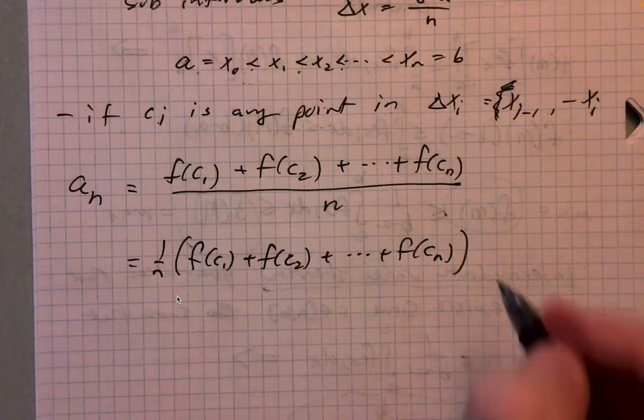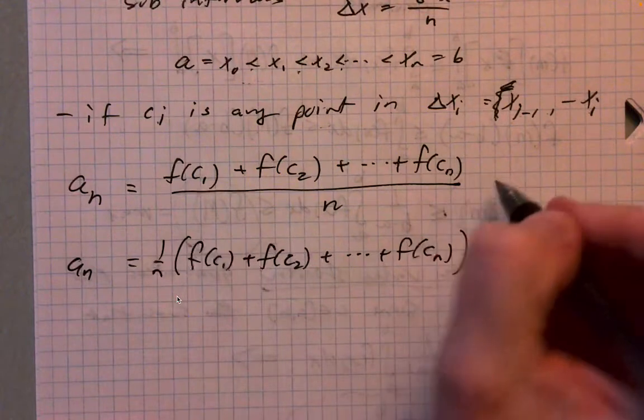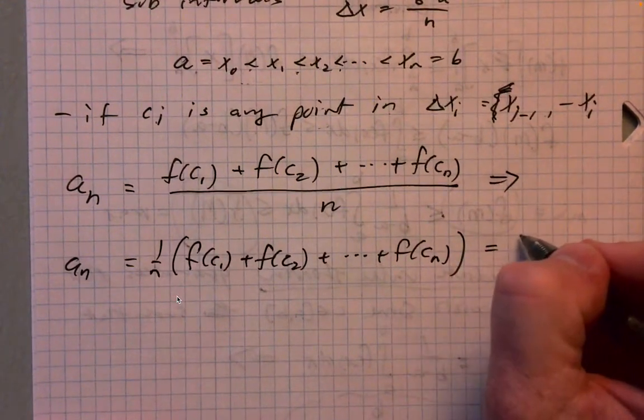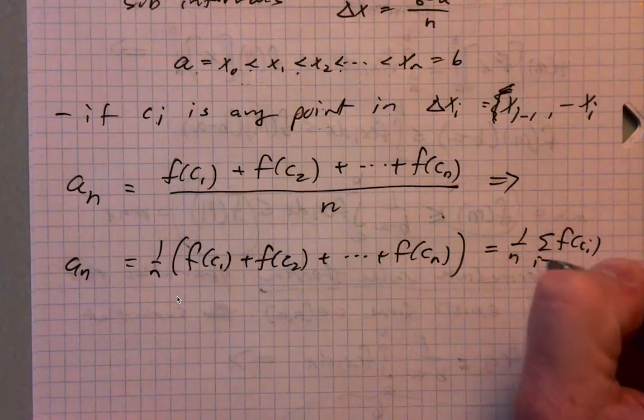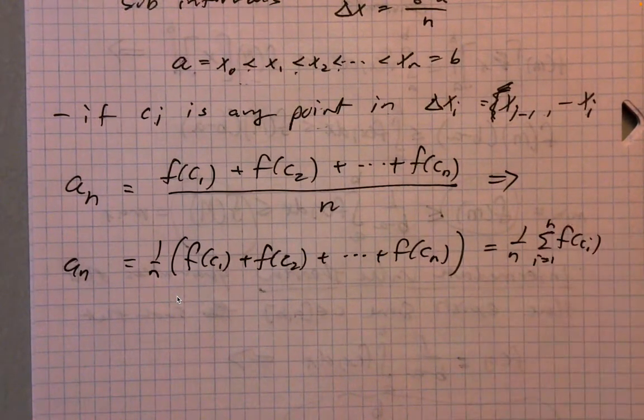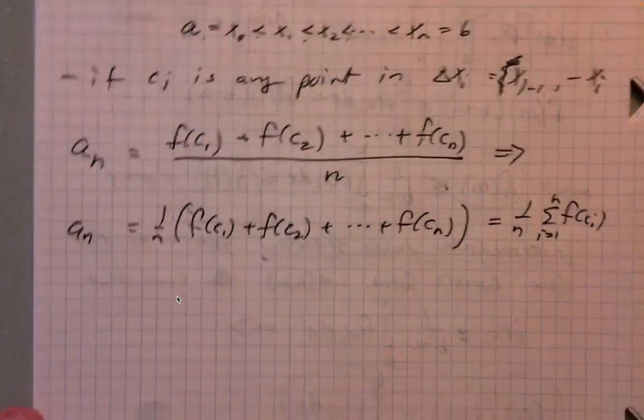And so that's equal to 1 over n times the sum of f of ci, i equals 1 up to n. Nothing there is controversial. This is just a sum, an average, of some arbitrarily chosen ci's in each of the xi intervals. Let's do some algebra tricks now.